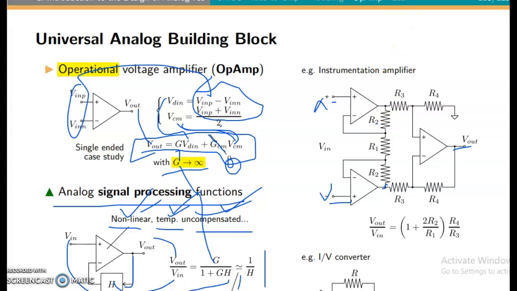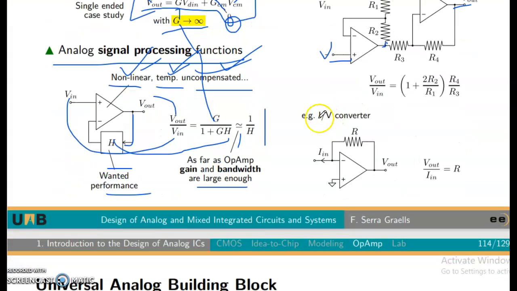And then here is an example, the IV converter. IV converter means current to voltage converter. In this op-amp, the positive input is grounded. At the negative input we have I in, the input current. A resistance is connected between the negative input and V out.